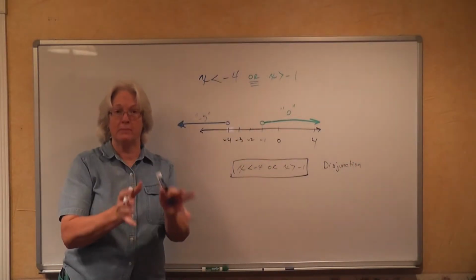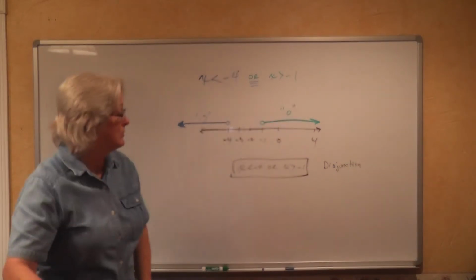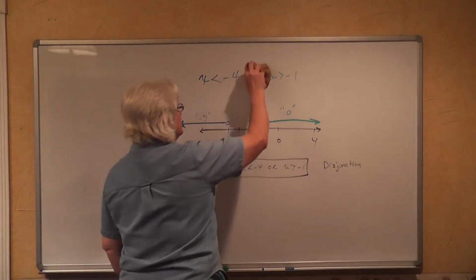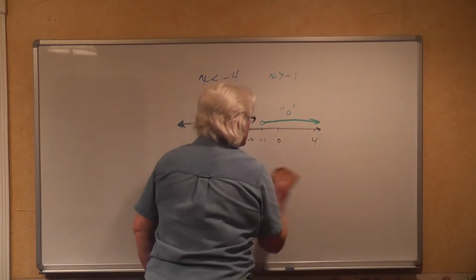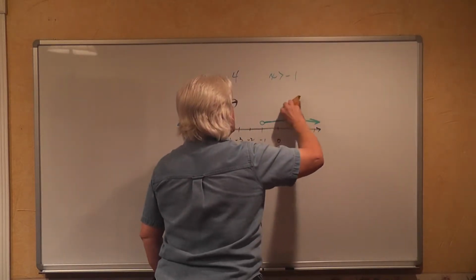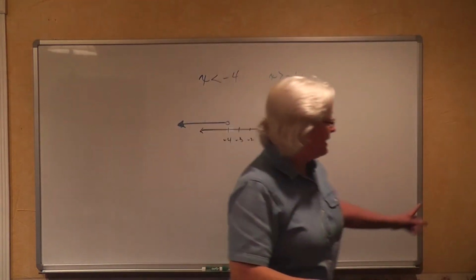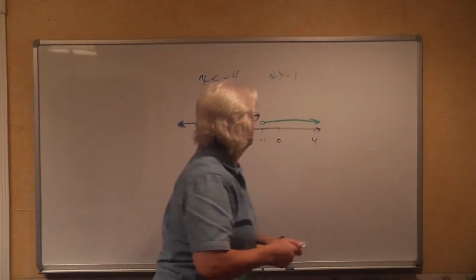Everybody make sure that you understand this because I'm getting ready to change this problem on you back to a conjunction. So I'm going to change that from an or to an and and let's see what happens here.